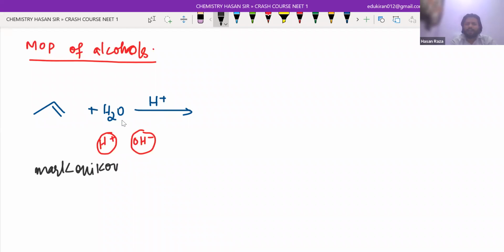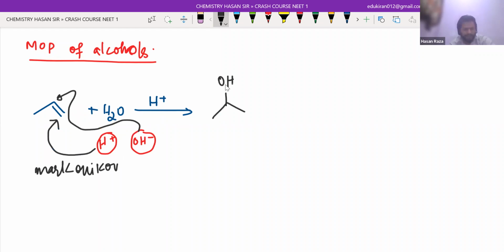And what does Markovnikov say? The negative part will go to the carbon having the lesser number of hydrogens, and the positive part to the carbon having the greater number of hydrogens. Is that clear, everyone? Yes, sir.